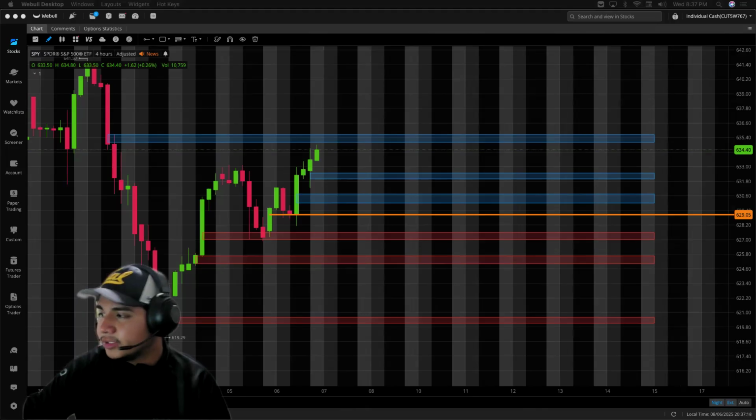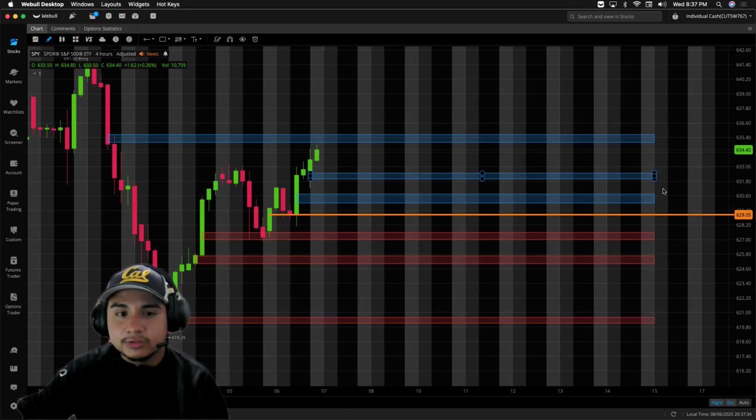So on the long term, I just feel like we have way too many people positioning themselves for a downtrend. Therefore, I just don't see us coming down. 632 would be a monthly max pain range.